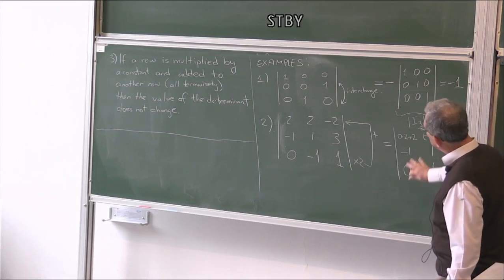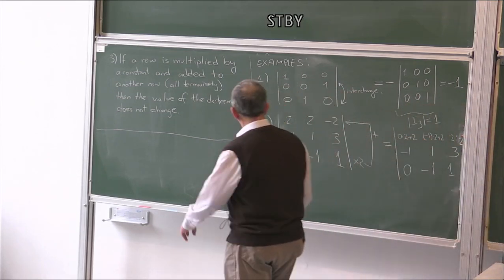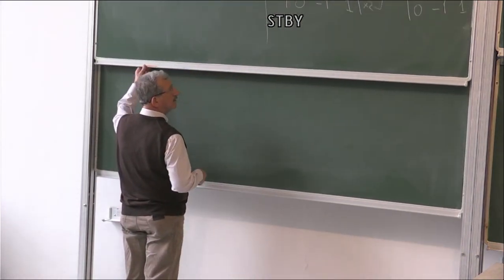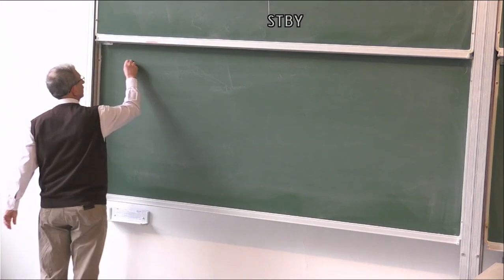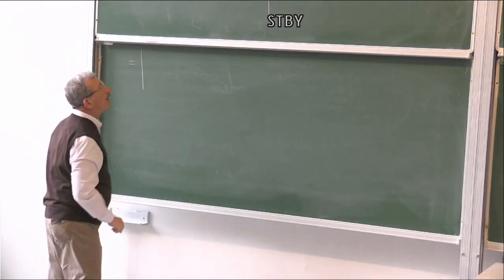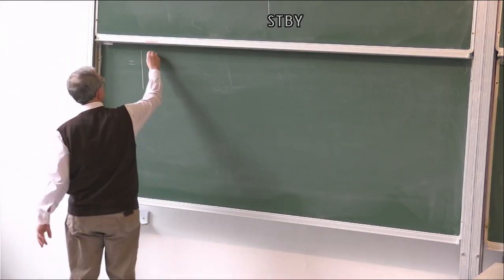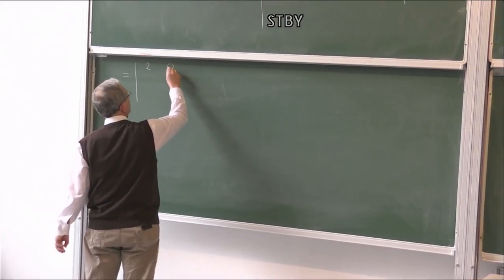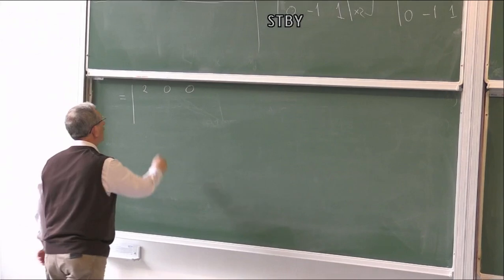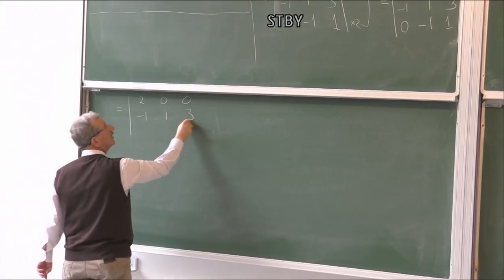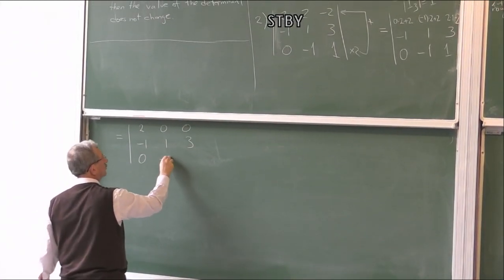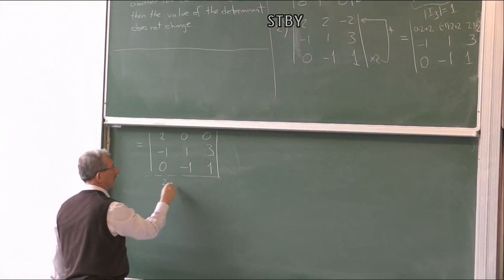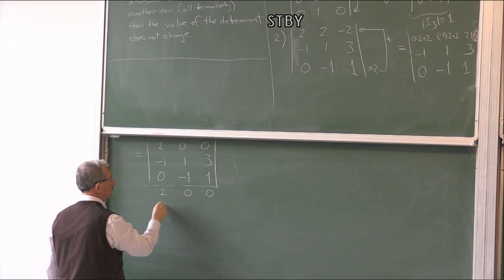Now this determinant has the same value as this one. So let us calculate its value. Well, this is 2, and then we have 0 and 0, and then minus 1, 1, and 3, and 0, minus 1, 1. Recall, we add these two rows.